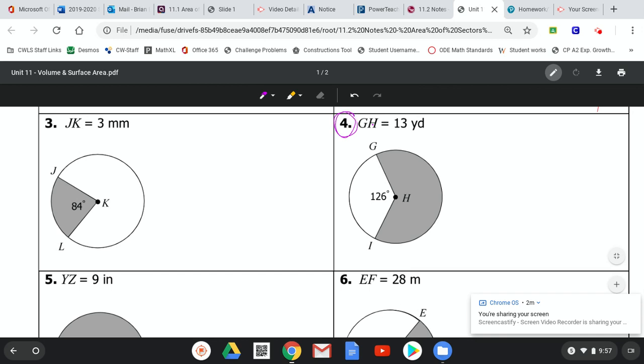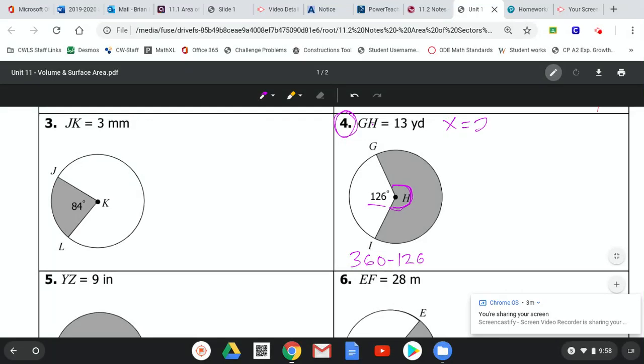So number 4, this one's a little bit different because we have to find that degree measure of the arc. However, it's the shaded portion, which is this part right here. So we have to find that angle in purple, and we don't know that angle. But we know the sum of angles in a circle is 360 degrees, and the part we don't want is that 126. So all we have to do is 360 minus 126, and that gives us 234.